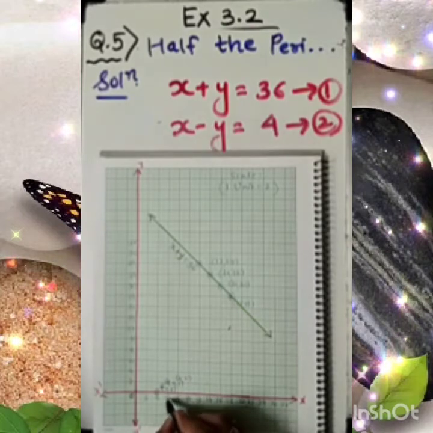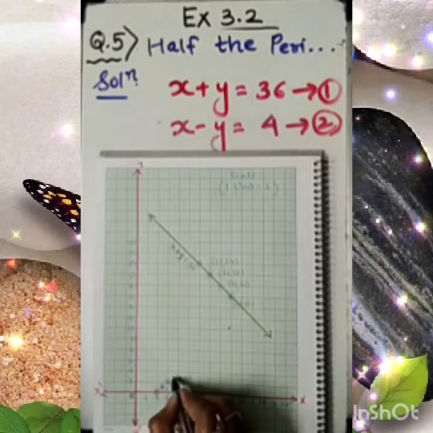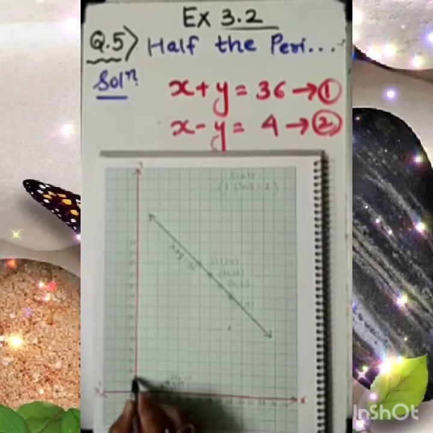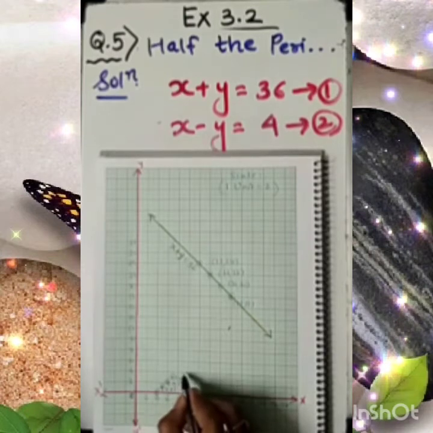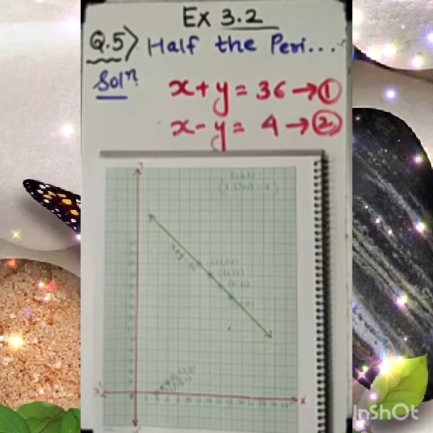7 will lie between 6 and 8. The darker line 7 is here, and 3 will be between 2 and 4. You can see here between 2 and 4 the darker line is 3. So this point is 7 comma 3. So all the points you can see here are very close to each other, right?